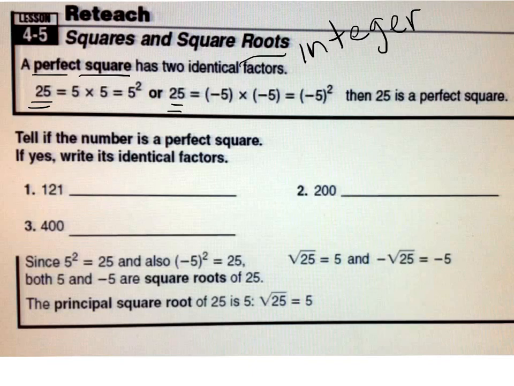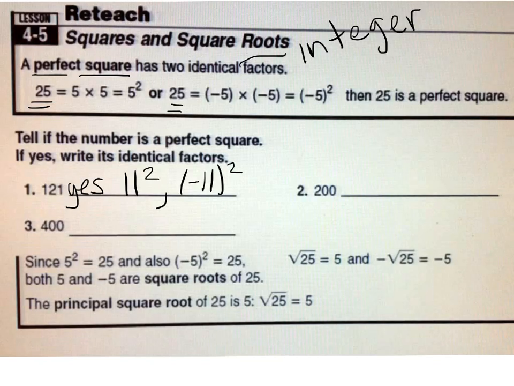Okay, so let's tell if a number is a perfect square. Write yes or no, and then write the identical factors. 121. Are there two numbers we can multiply by themselves, a number we can square, to get 121? Well, the answer is yes. 121 is a perfect square because we can take 11 squared to get 121, or we could also take negative 11 squared to get 121.